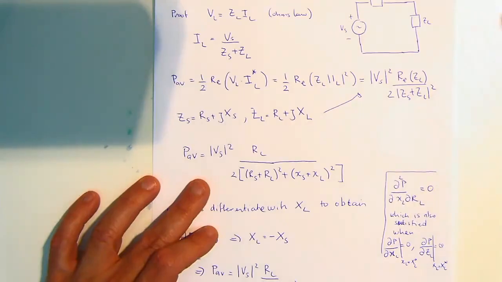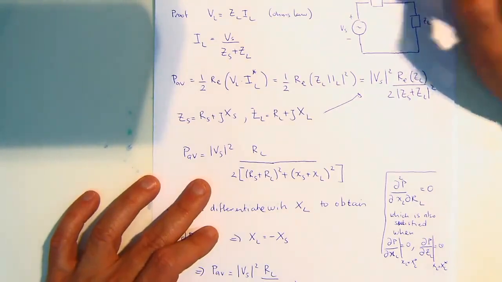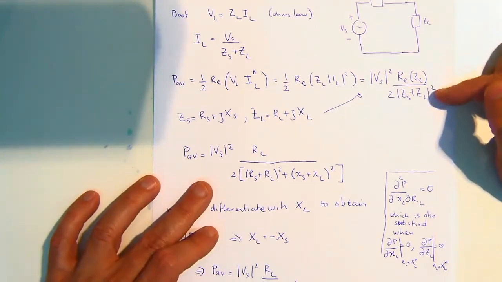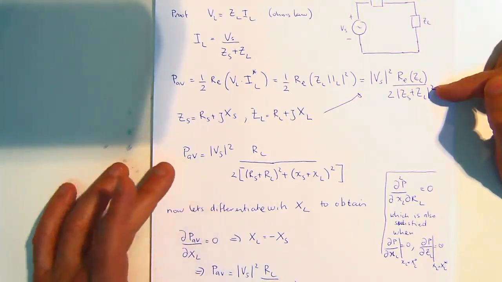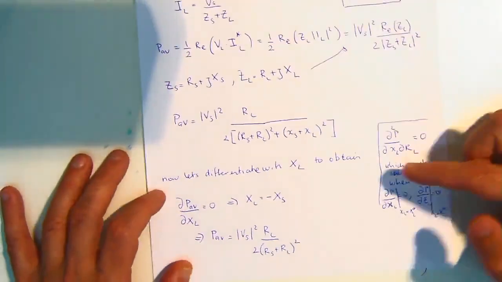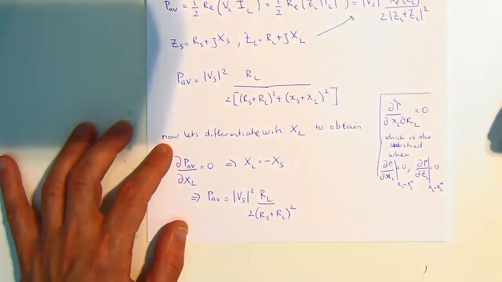I've just rewritten the load and source impedances in terms of their real and imaginary components, and worked out the power that is going to be dissipated across that load. Now, all I'm going to do is work out a stationary point in order to find the maximum and minimum, so I'm just differentiating.